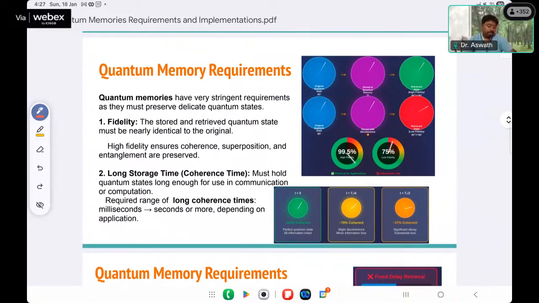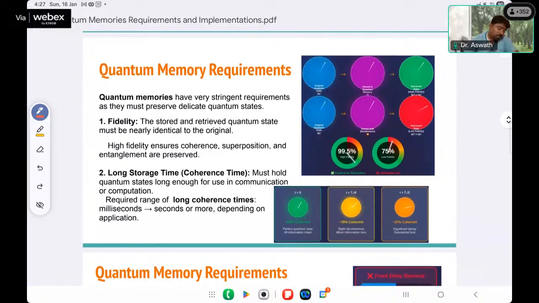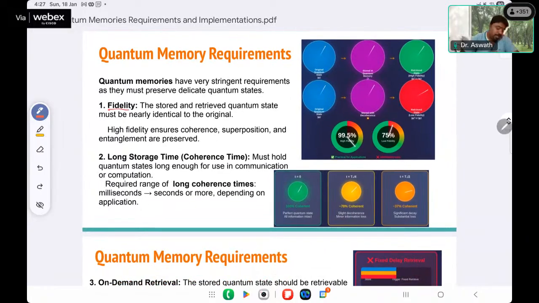Let's go further and see the requirements to be satisfied for any quantum memory to be used as a quantum memory. Number one, there is something called fidelity. Fidelity is just a cross check. Let's say I give some money to somebody and I expect that same money to be returned in an intact form, the same amount.